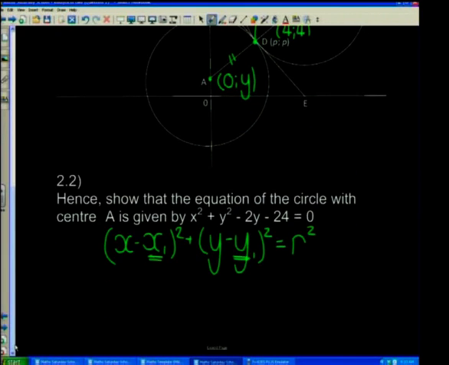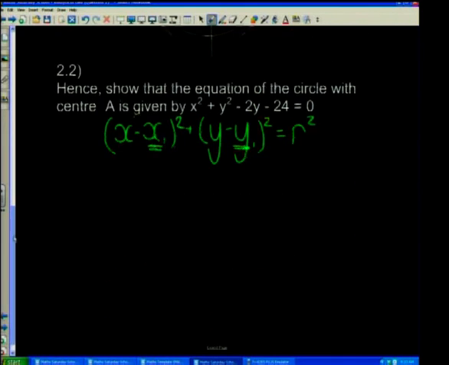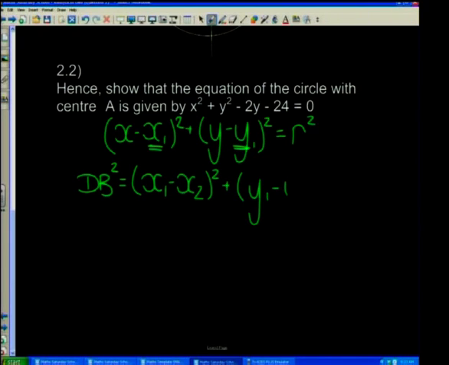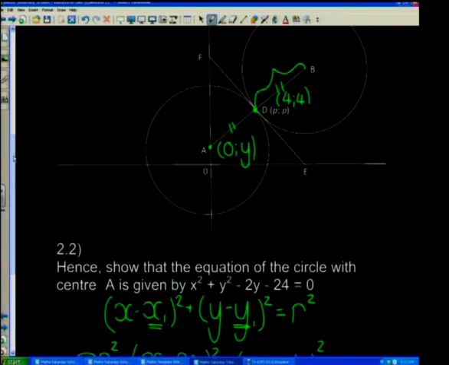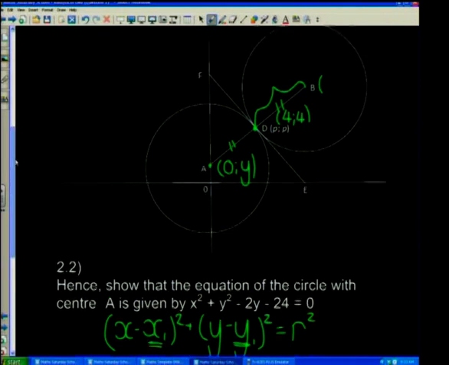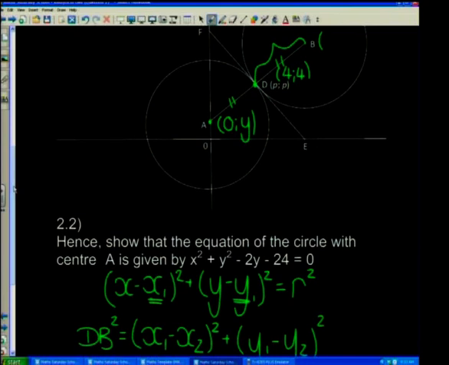Let's take our distance from D to B. So DB squared is going to be equal to, let's do our distance formula, x1 minus x2 squared plus y1 minus y2 squared. Our x was 4, and the coordinates of D was 8 and 7.